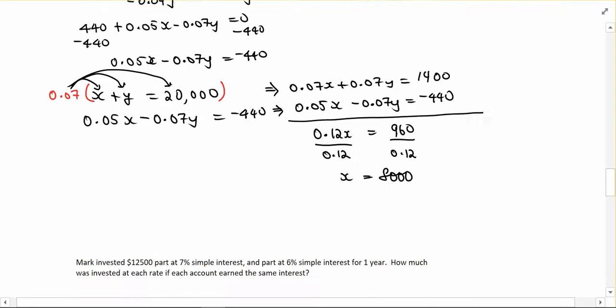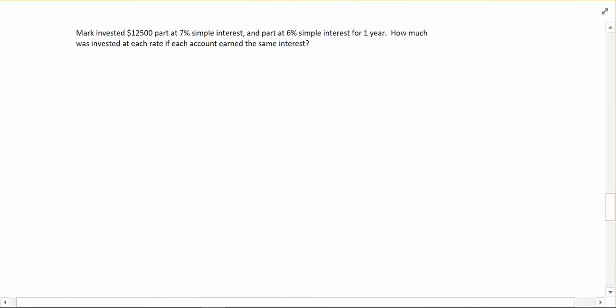Okay, let's take a look at another interest rate problem. So Mark invests 12,500, part at 7% and part at 6% interest, simple interest for a year. How much was invested at each rate if each account earned the same interest? Okay, so again we have two accounts.